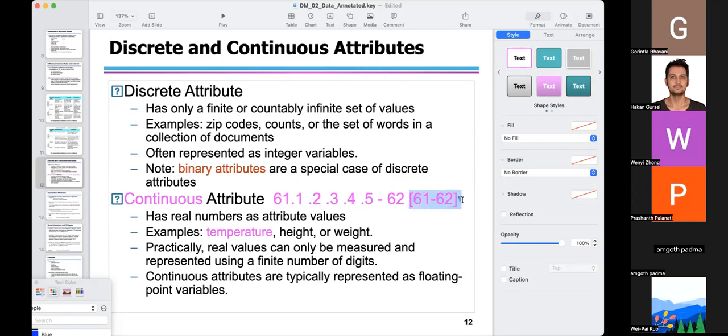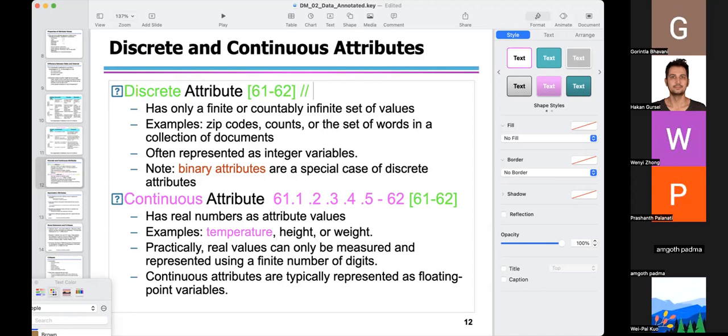Because we need to be able to save this in the computer, right? We don't have an infinite amount of memory. So we have to discretize the attributes. To make it discrete means that it has a finite number of values, exactly the ones that we choose.